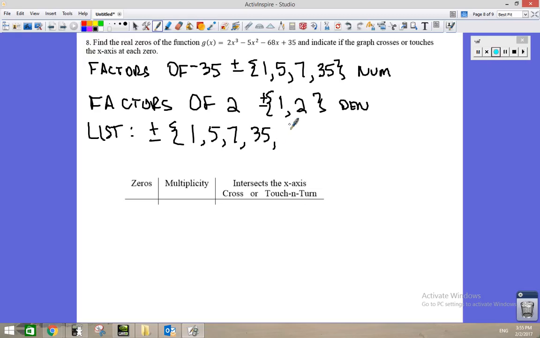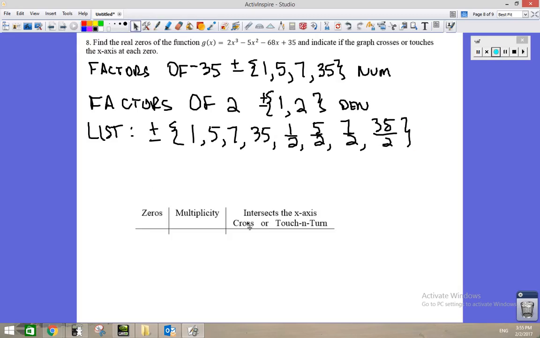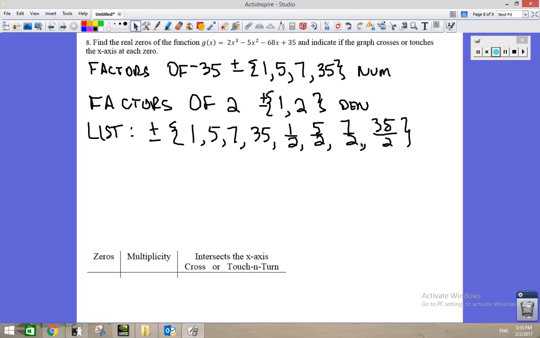When I divide it by 2, 1 half, 5 halves, 7 halves, 35 halves. We need to check these numbers in this list to see if any of those give us a zero remainder. So we'll use synthetic division.